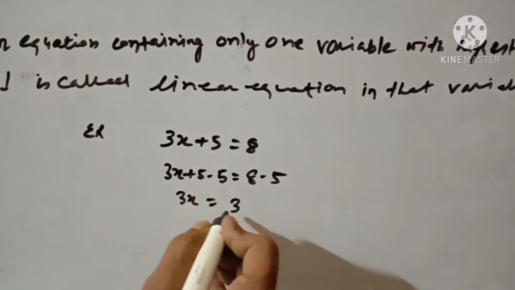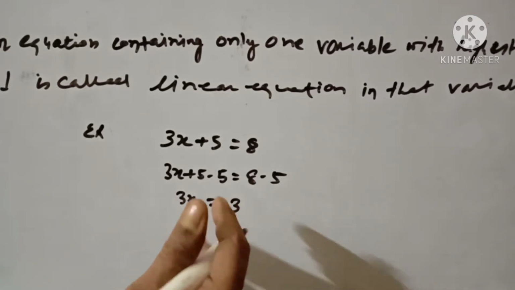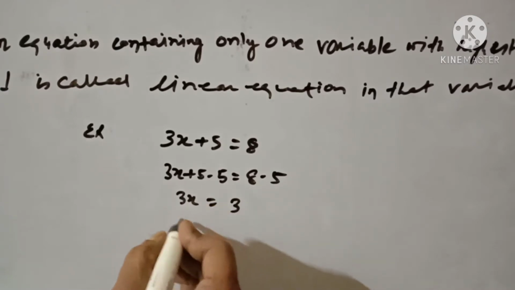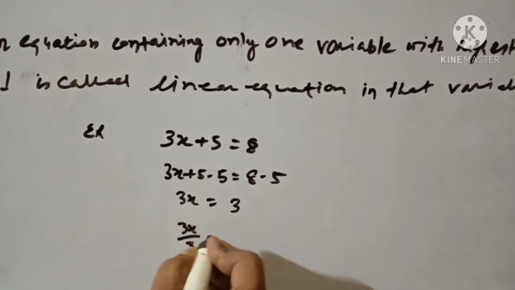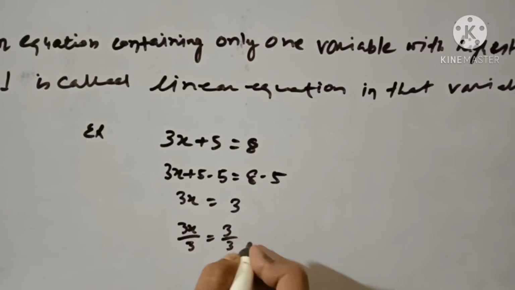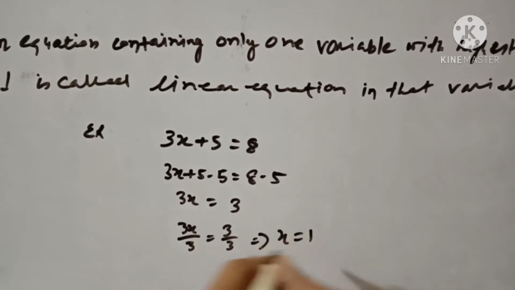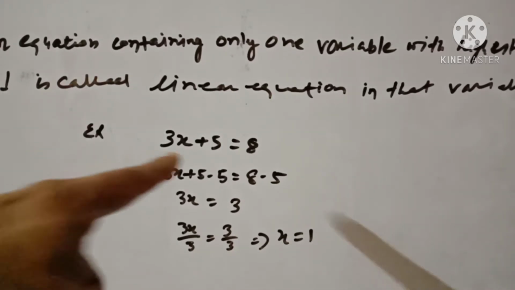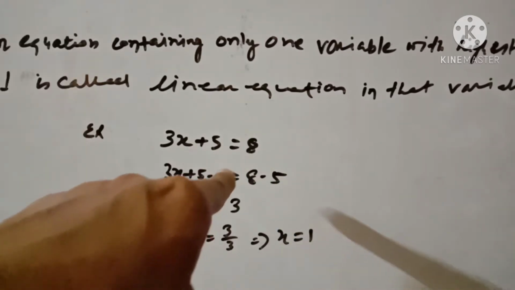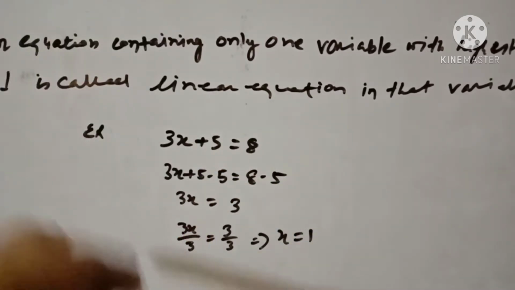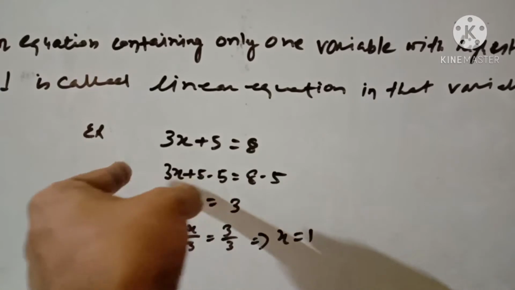Now we have to remove 3, so we divide both sides by 3. So 3x/3 = 3/3, so x = 1. This is the way of solving the linear equation. Whatever you add, subtract, divide or multiply, you have to do on both sides.